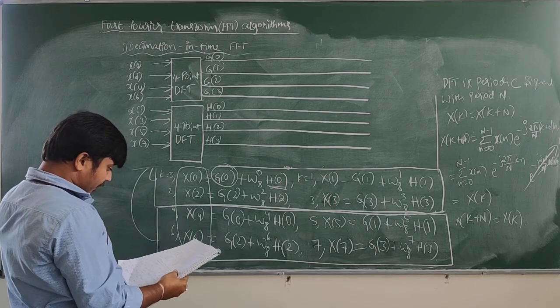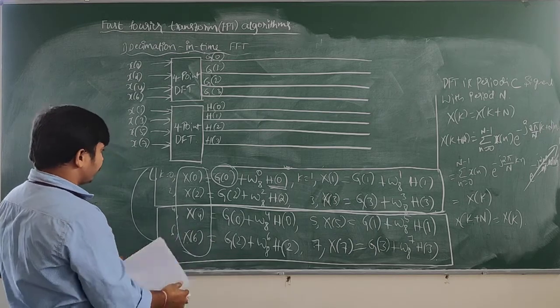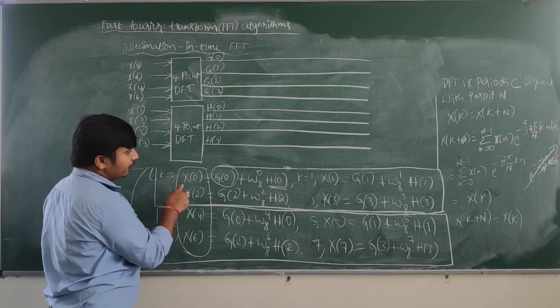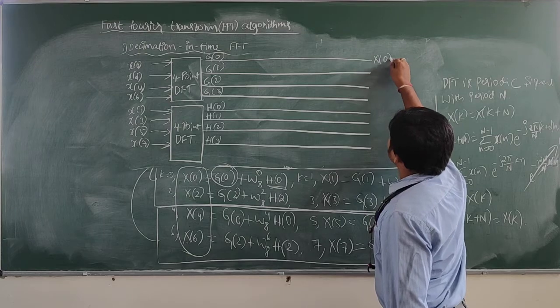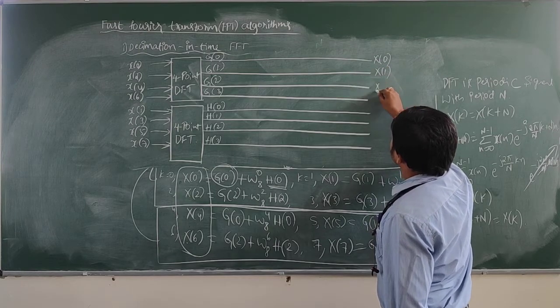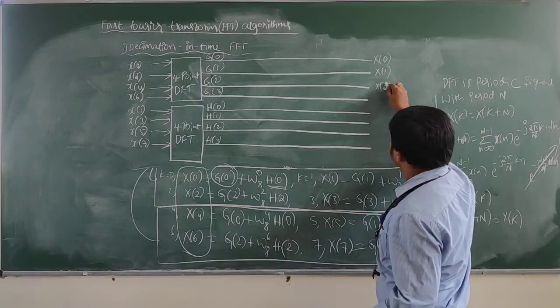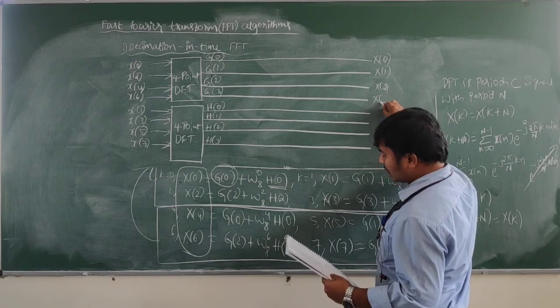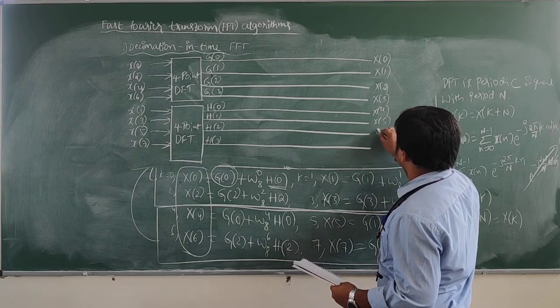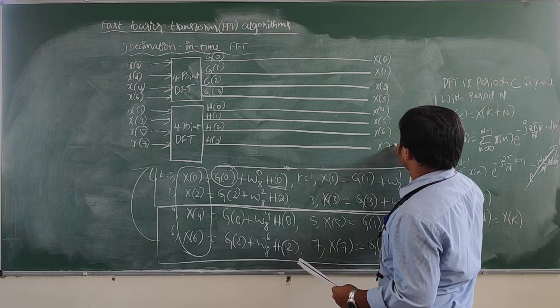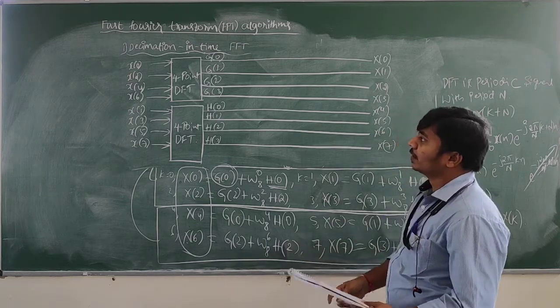Now we have these equations. So what is x of 0? I will write the output on this side: x of 0, x of 1, x of 2, x of 3, x of 4, x of 5, x of 6, x of 7.